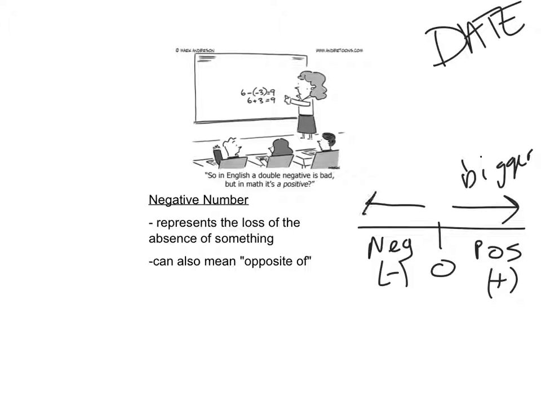And the further you move to the left on the number line, the smaller the value gets, which is sometimes confusing because the numbers actually get bigger. For example, we have negative 10 here, and if we kept going further to the left, we'd have negative 20, negative 30, and so on. So the numbers get bigger, but the actual value of the numbers gets smaller. So that's an important distinction to make.